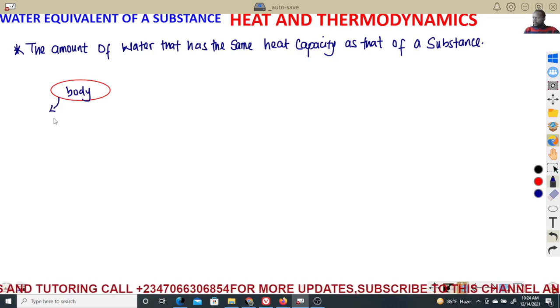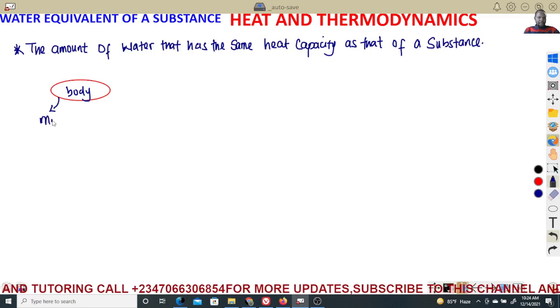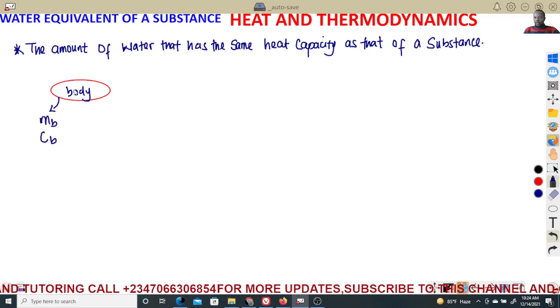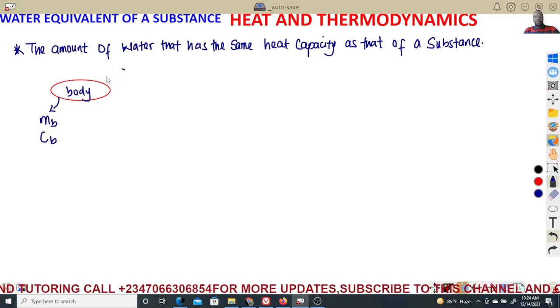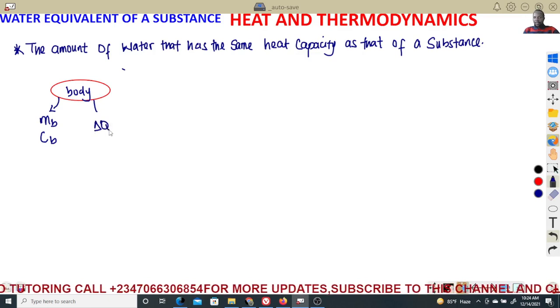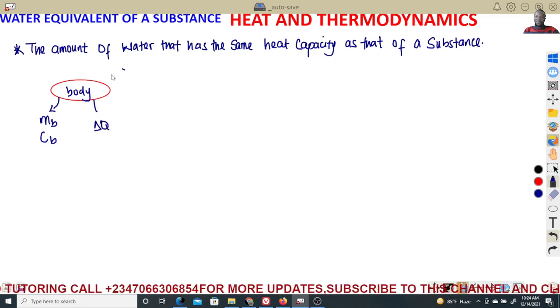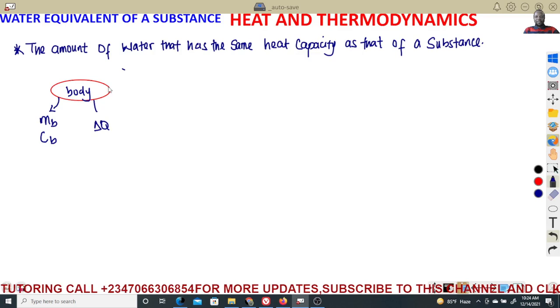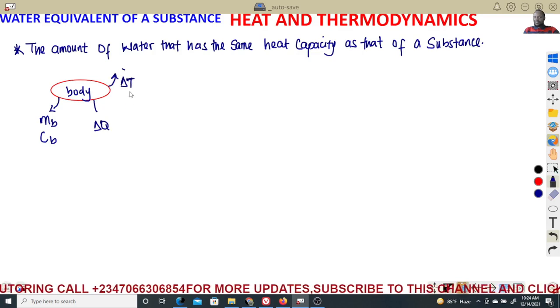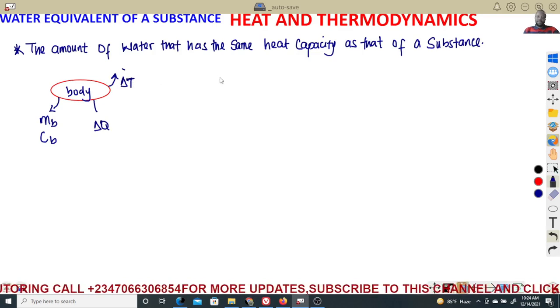I will take the mass of the body as mb, and the specific heat capacity of the body as CB. So the body has a mass of MB and specific heat capacity of CB. An amount of heat is supplied to it. I told you I'll be writing it as delta Q as we move forward. Because of it, the temperature of the body will rise by delta T, that is T2 minus T1.